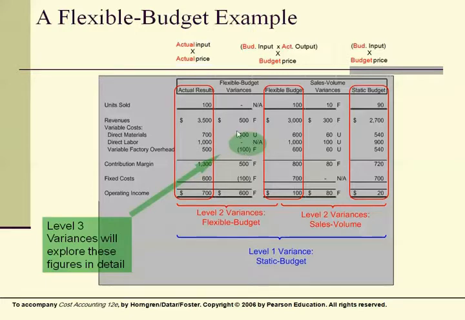The difference between the flexible budget and actual results will be explained further. In level 3 variances, we will explore these figures in detail into price variance and efficiency variance.